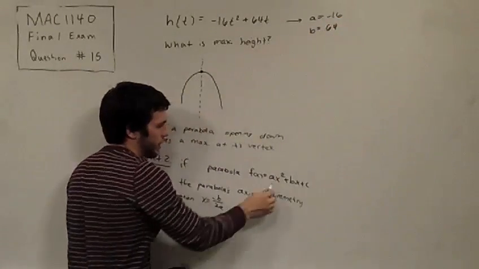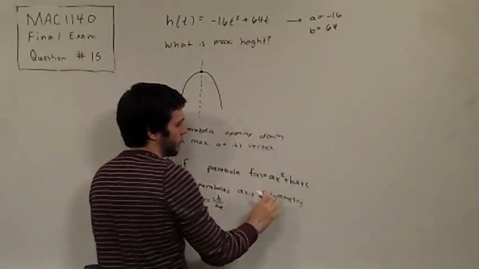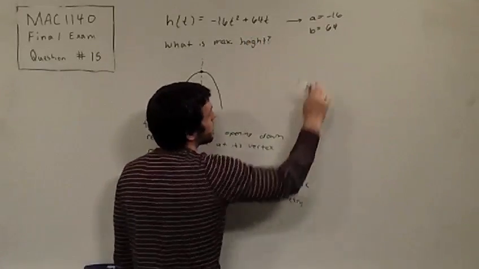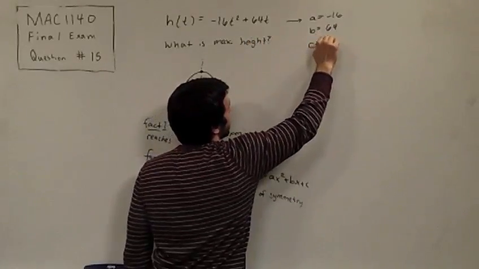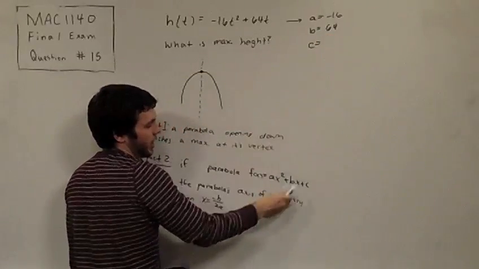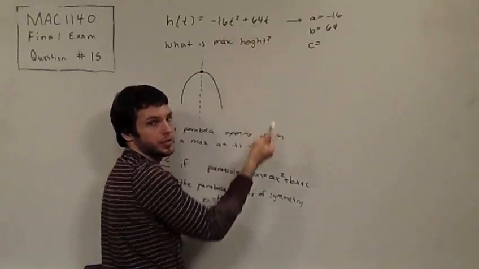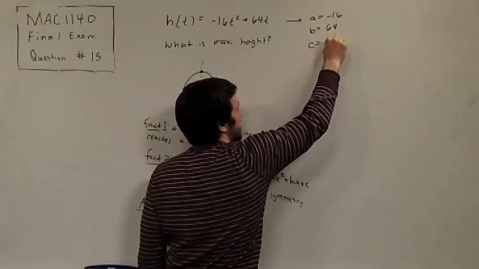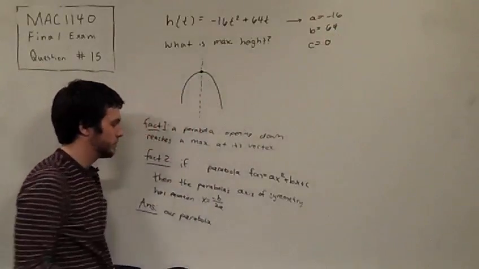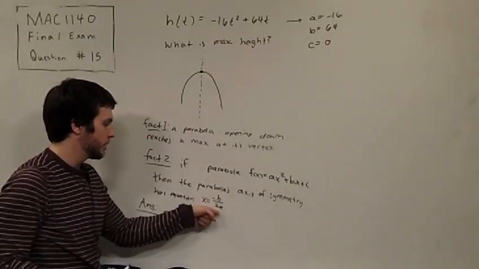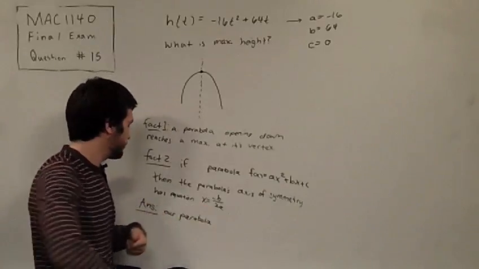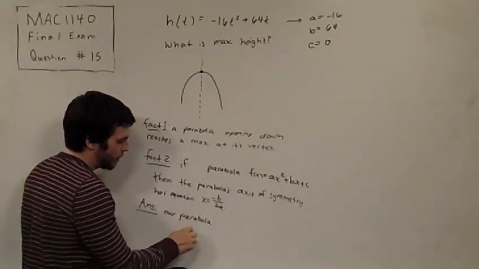And never mind the fact that there are x's here and t's here, we're not looking at the variable, we're looking at the coefficients. And c is just the constant term. There's no constant term in our parabola, which means that c is 0, but c doesn't play into our axis of symmetry anyway.